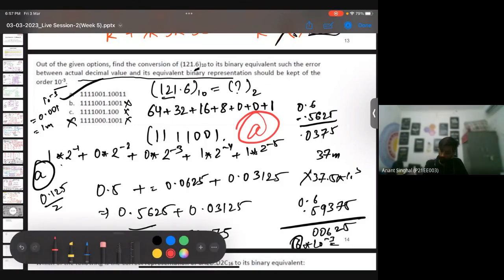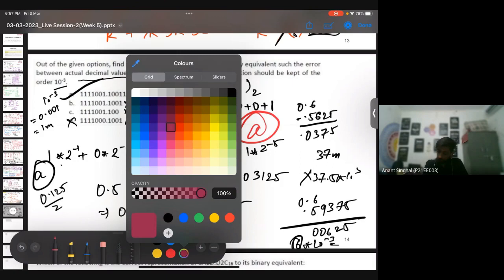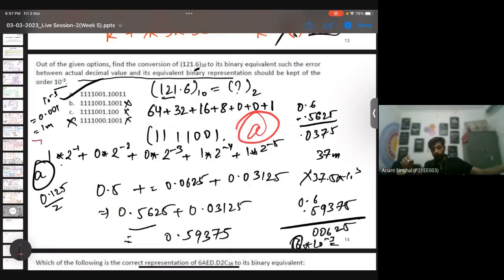Okay, so we'll start the next problem in a minute. You can note down this.